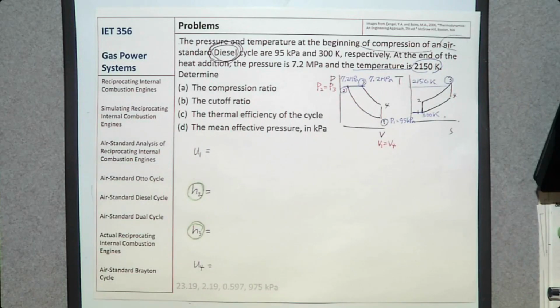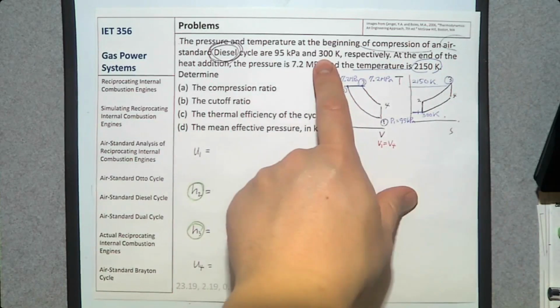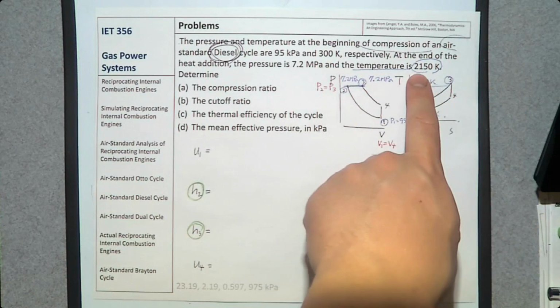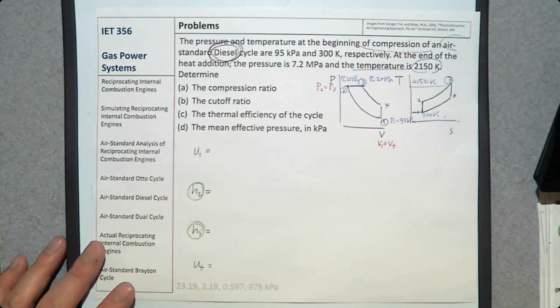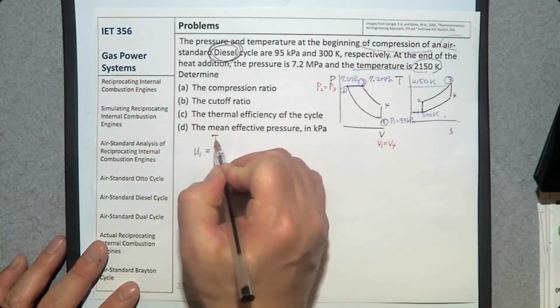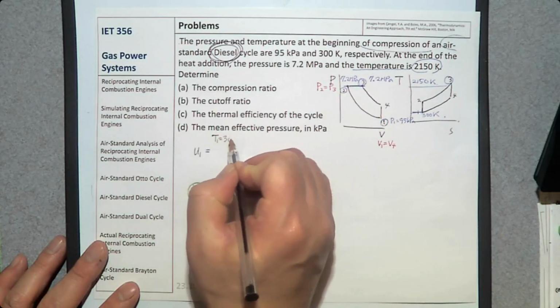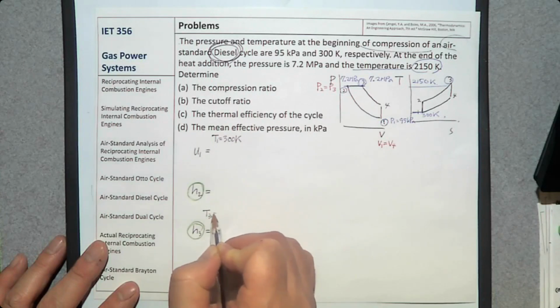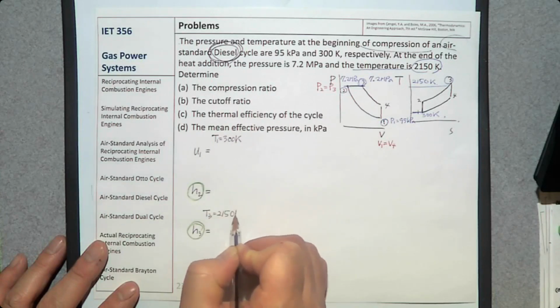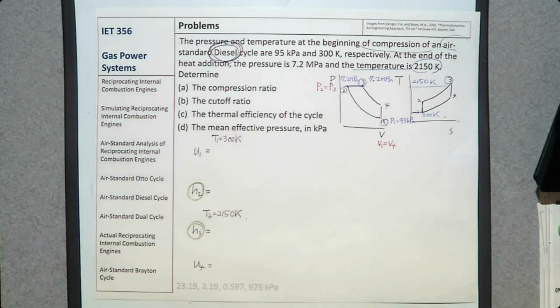So how many temperatures do we have? 300 at number 1, 2150 at number 3. So T1 is 300 Kelvin, T3 is 2150 Kelvin. Can you find U1 and H3 directly from the table? Yes. So let's do that.